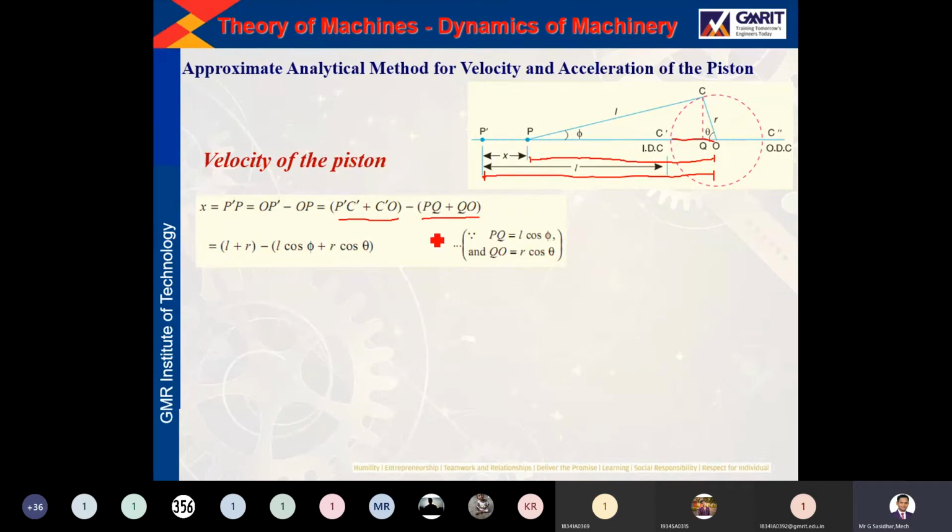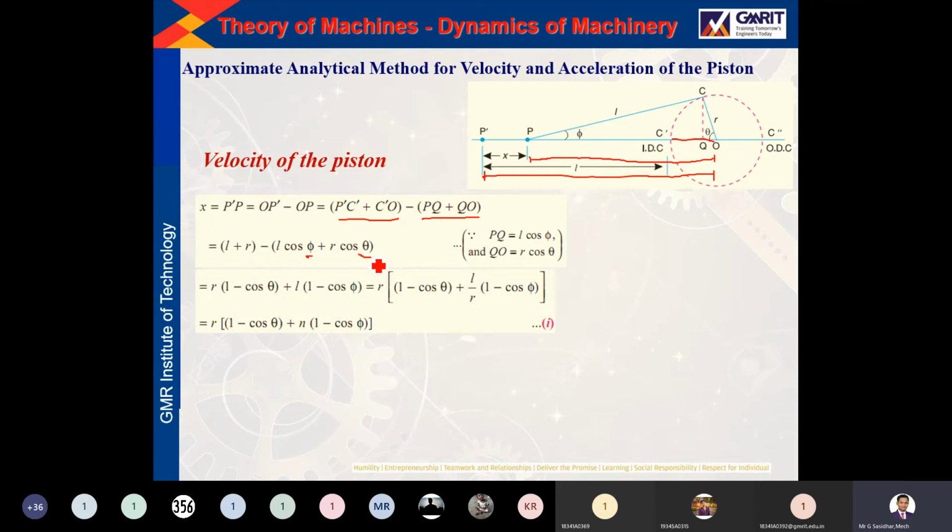So now I can write PQ equals L cos pi, this length, and OQ or QO is R cos theta. See, this is cos pi and this is cos theta. Both are not the same. Theta is the angle made by the crank pin, and pi is the angle made by the connecting rod with the ground. They are not the same. Theta is not equal to pi here.